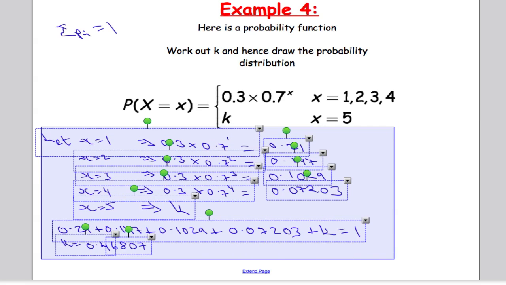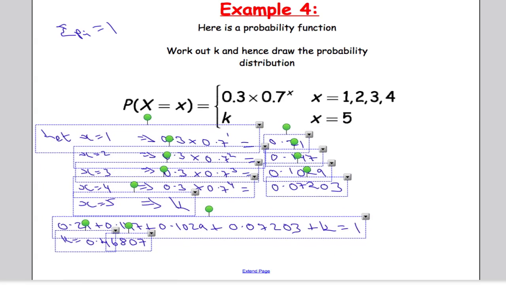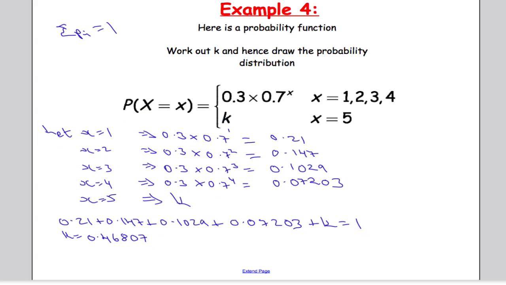We should be able to draw our probability distribution. So, to draw the table, we're going to have the particular values of x, which could be 1, 2.